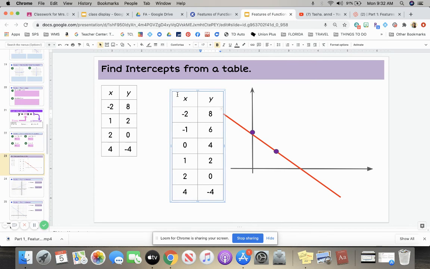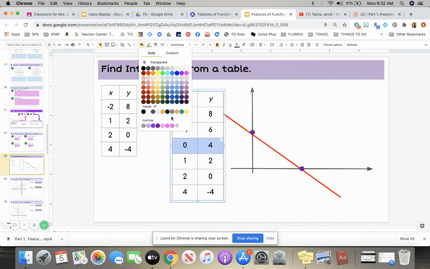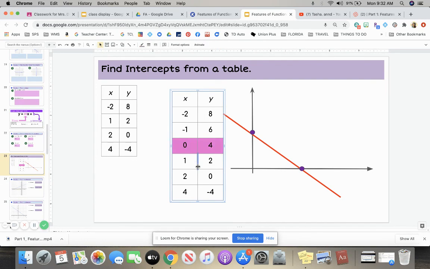Okay, so finding the intercepts from the table, I want to know when x is 0, y is what? We said that when x was 0, y was 4. And when y is 0, x is 2.